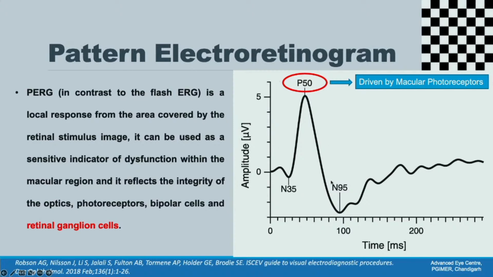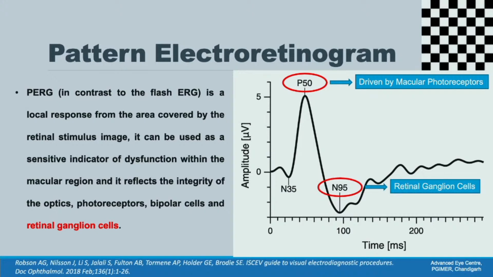Both the waveforms are coming from the ganglion cells, but the P50 component is derived by the macular photoreceptors. So if your macular photoreceptors are going to go, the P50 component is going to go down, and subsequently obviously the N95 will also go down. The N95 is derived entirely from the retinal ganglion cells.